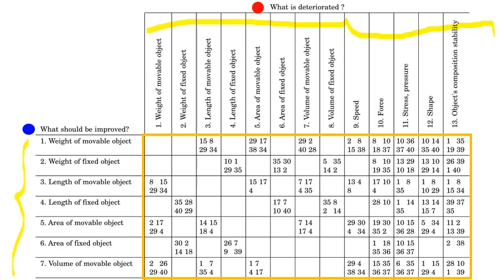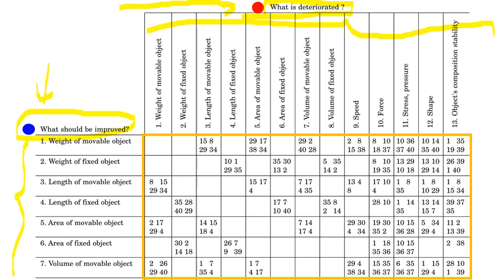To use this table, first we look at the rows, which parameter should be improved. Then in the columns, we look at which parameter will deteriorate, meaning which parameter will become worse in our contradiction. Remember, in a technical contradiction, we want to improve something, but then another parameter becomes worse. So to read this matrix, we see what we want to improve in the row and what will become worse in the column.